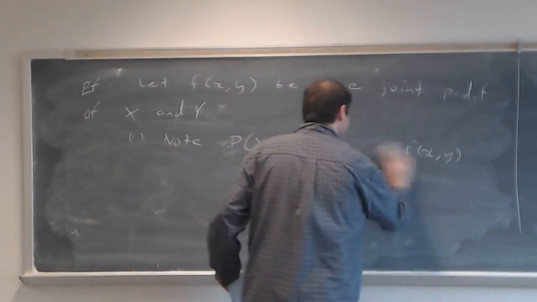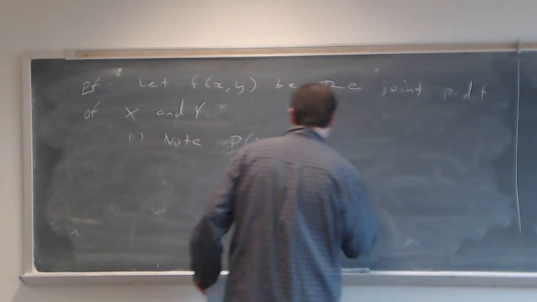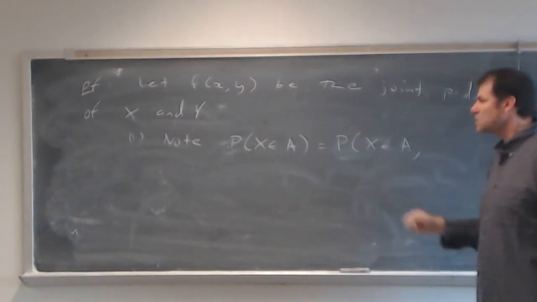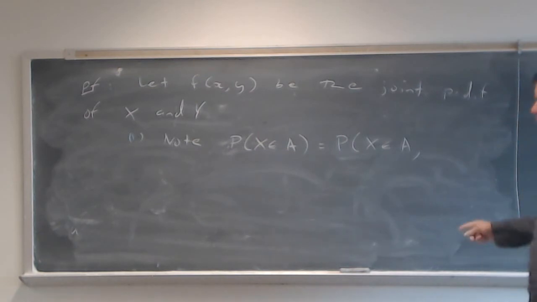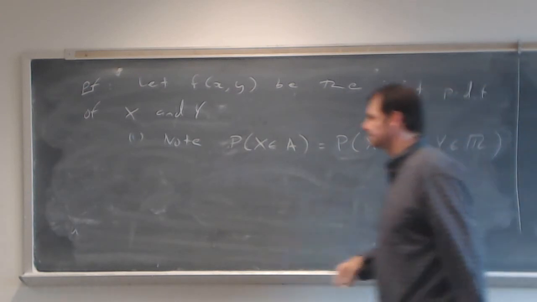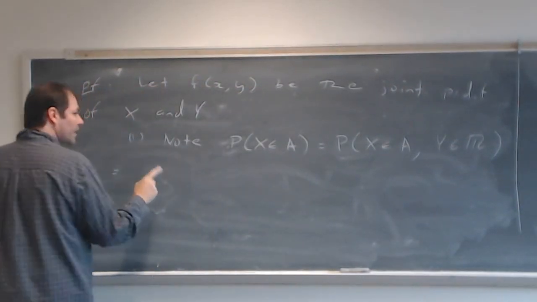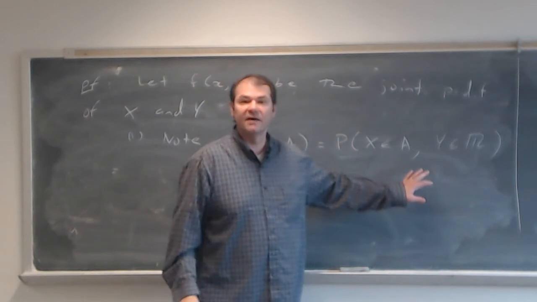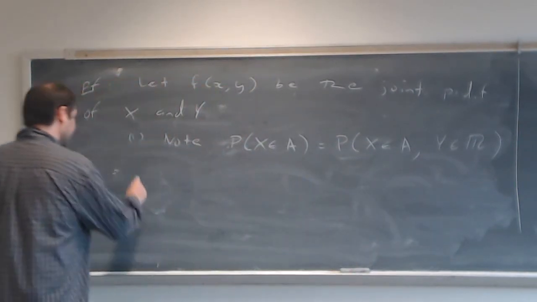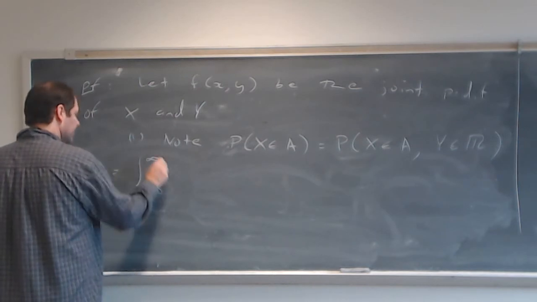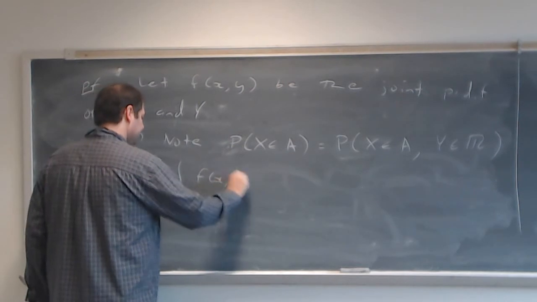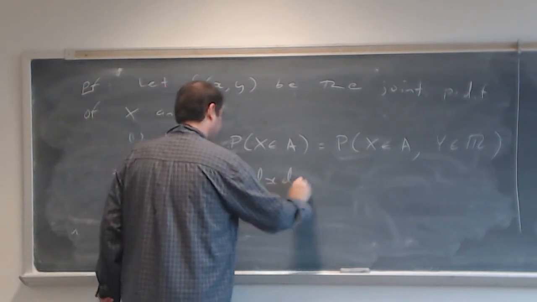Let's take a step back as we had before. This is the same thing as the probability that x is in A and y is anywhere, because all we're concerned with is that x is in A. So y is in the real numbers, and that's equal to, now I can apply the definition of the joint PDF, the integral from minus infinity to infinity, integral over A of the joint PDF, dx dy.